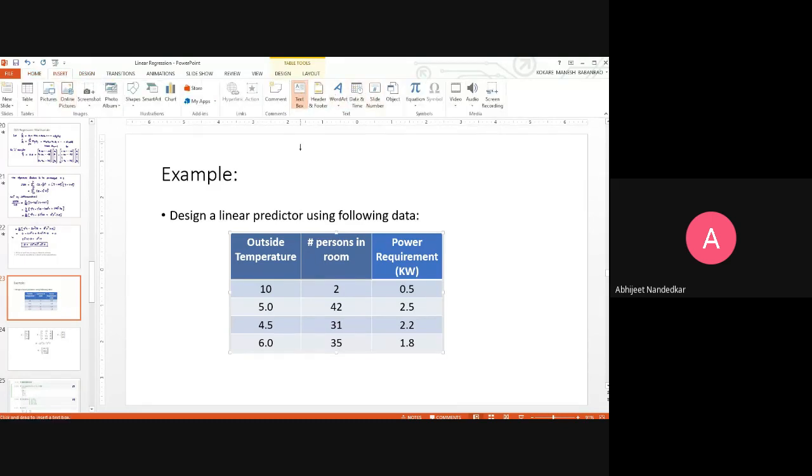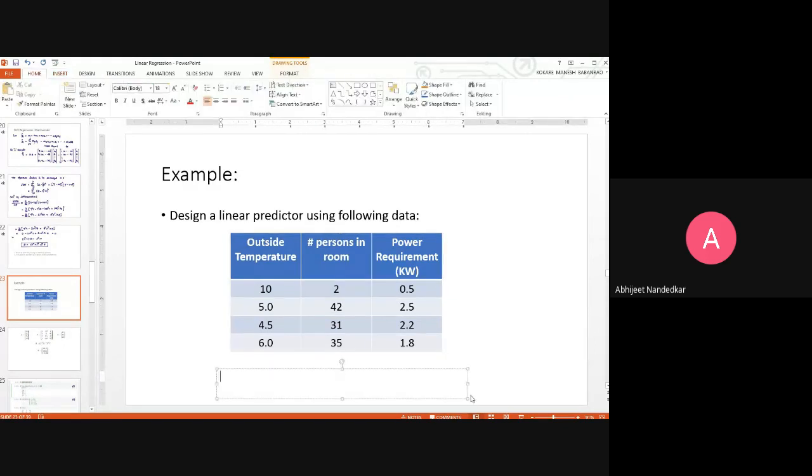say output power requirement suppose is equal to, so this I can call as y because my y is output. So y, power requirement, is equal to some theta 0. So theta 0 I don't know because that is to be estimated.